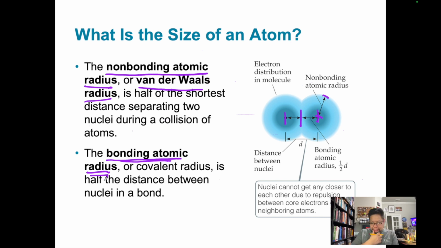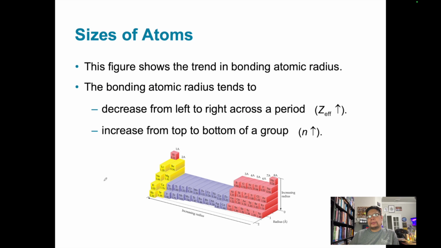So both of those things are important, right? So what is the trend with the atomic size or the atomic radius? Well, radius increases as you go from right to left, and the radius also increases as you go from top to bottom.